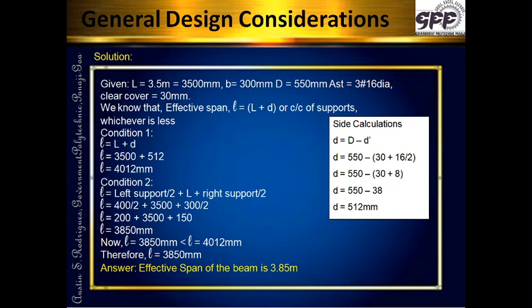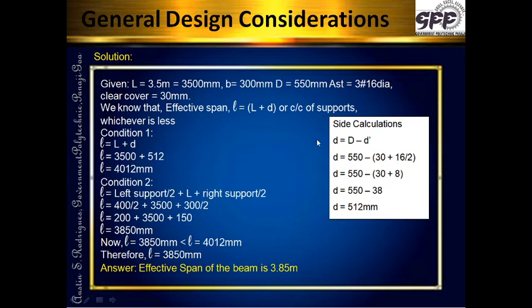The clear cover is 30 mm and the reinforcement diameter is 16 mm. So 30 mm plus half the reinforcement diameter, which is 8. The 30 plus 8 in the bracket is D dash, the effective cover. So small d equals 550 minus 38, which is 512 mm.